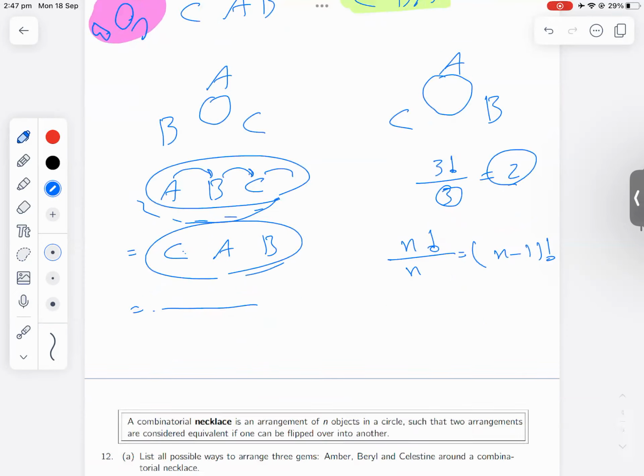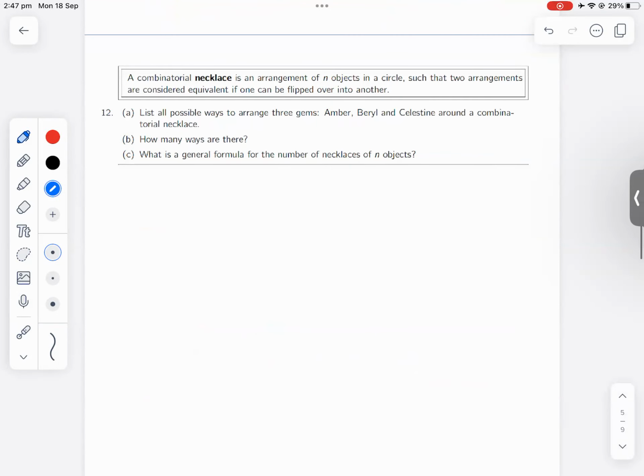All right, so now you're going to think about this guy here. Necklace. So the necklace is the arrangement of the same as the circle, such that 2 arrangements are considered equivalent, like A, B, C, A, C, B, which if I flip this one here, this will come over this one.